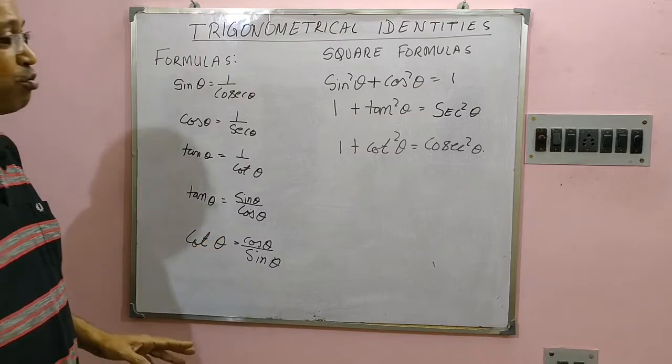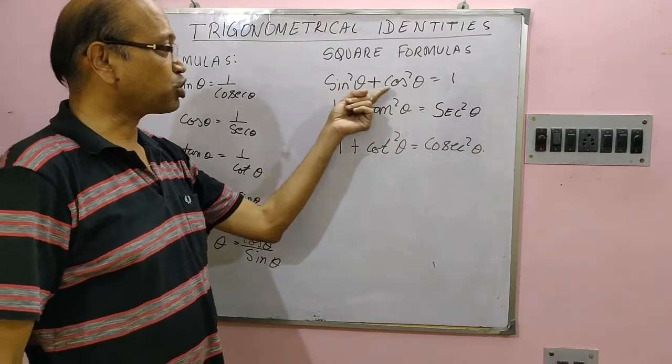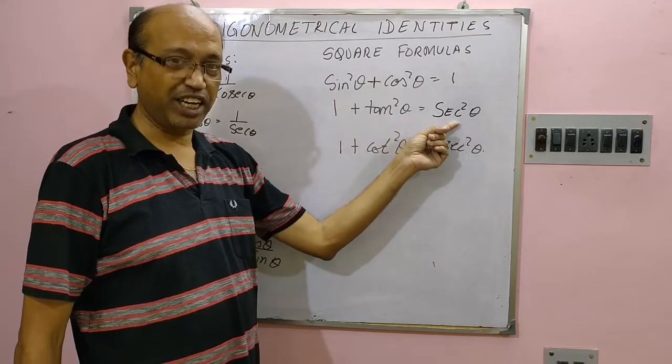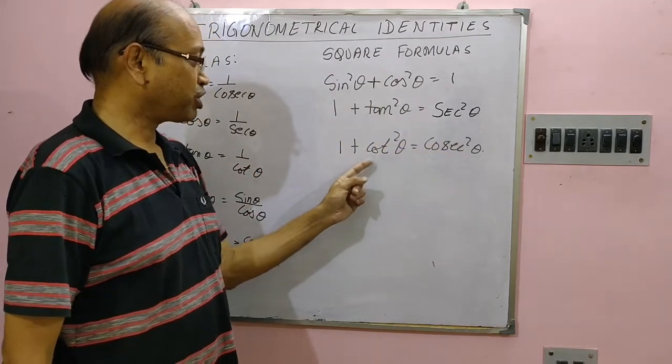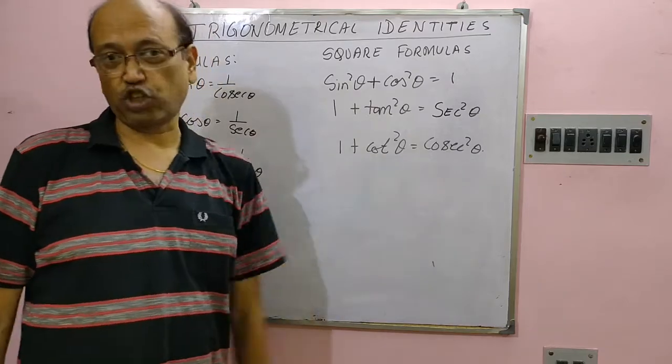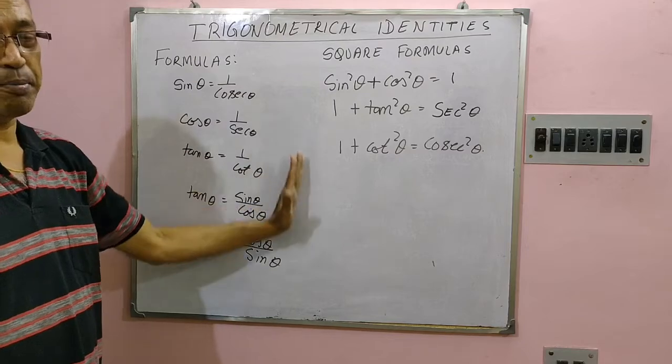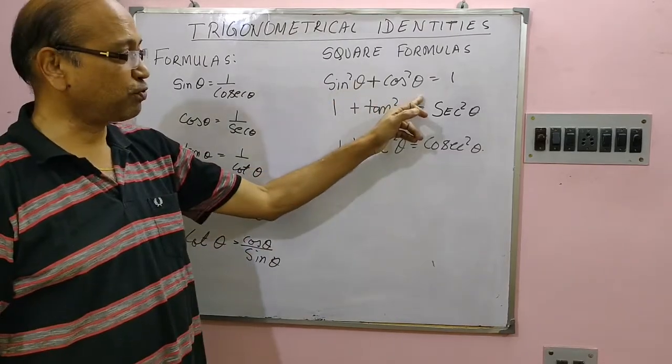What were the three square formulas? Sine square theta plus cos square theta is 1. 1 plus tan square theta is secant square theta, and 1 plus cot square theta is cosecant square theta. These formulas have to be learned by heart, not only in this form.